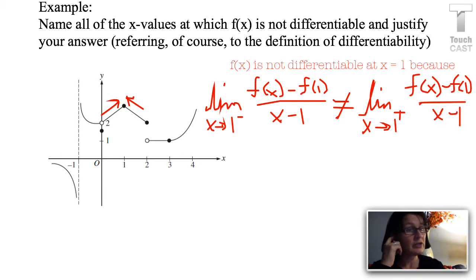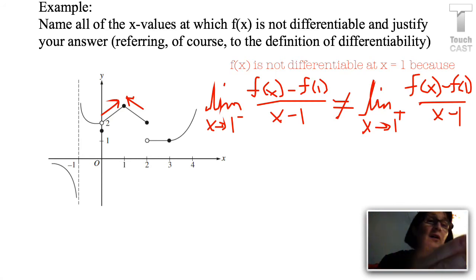And if somebody pushed me, I'd say, I know that the limit as x approaches 1 from the left of this expression, the expression for the derivative, must be positive. And I know this limit on the other side, the limit as x approaches 1 from the right of f of x minus f of 1 over x minus 1, the derivative from the right, must be negative. Therefore, I know they cannot be equal.